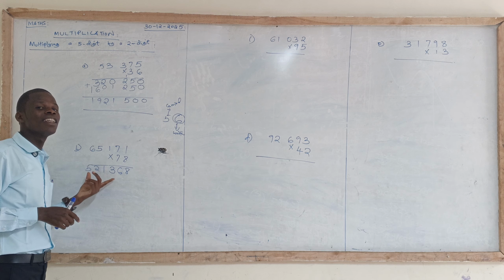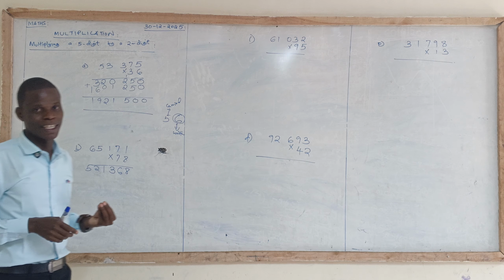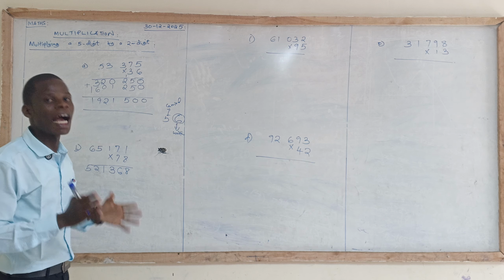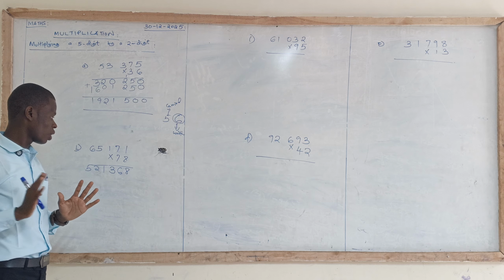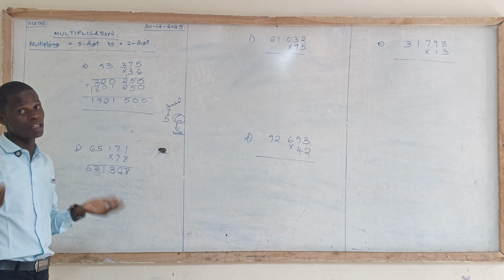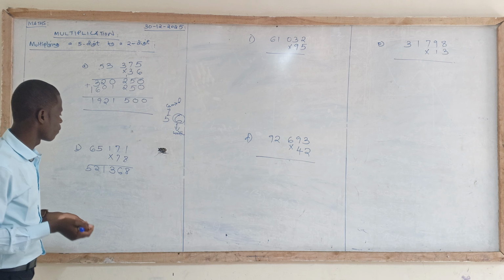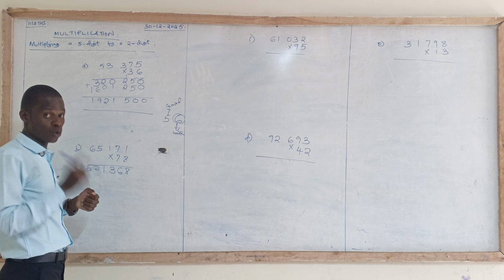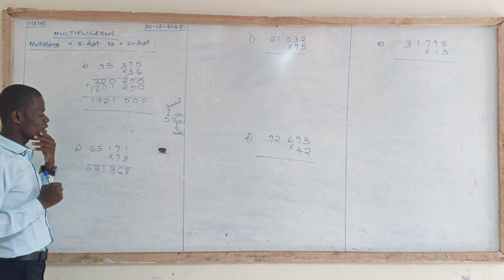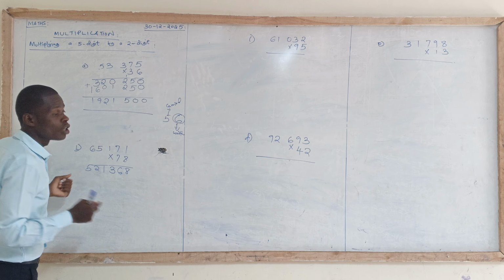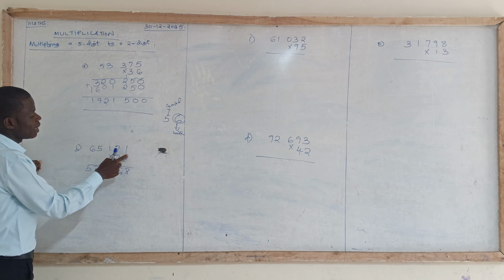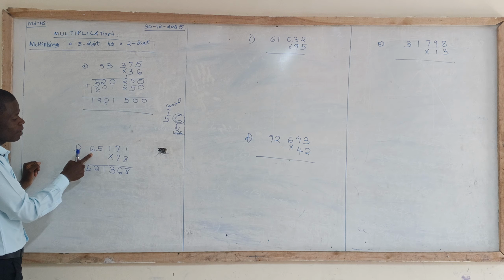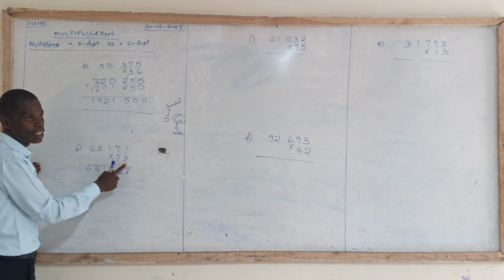Don't wait until it is too late to correct the mistake. Correct the mistake as early as possible to avoid problems. Remember, nobody wants trouble. Even me, I don't want trouble. So that's why I'm starting slowly and also redoing to confirm. So since we have confirmed, we have multiplied all the digits on the upper number by 8.